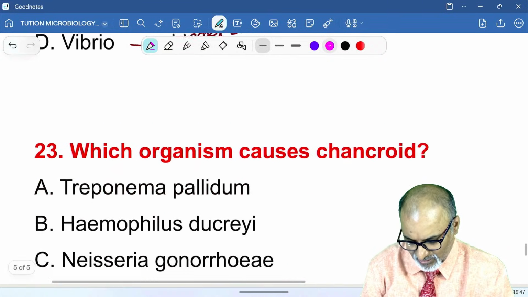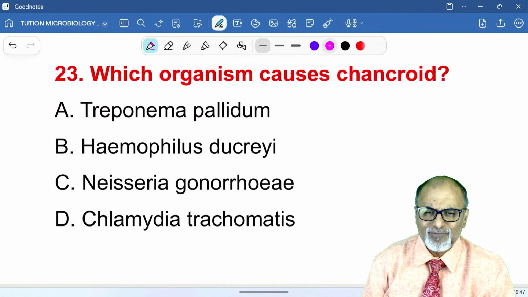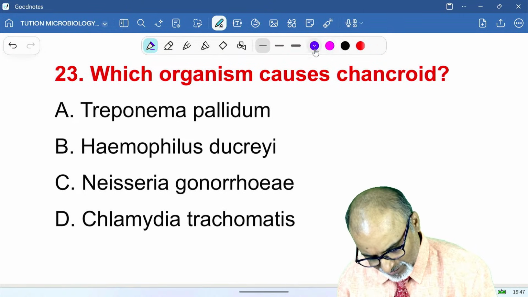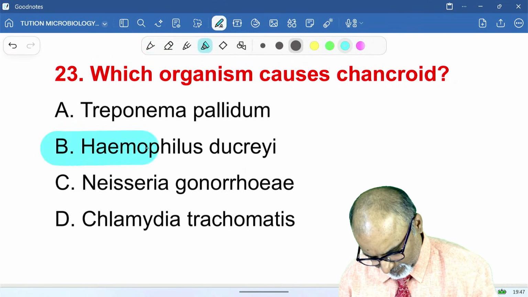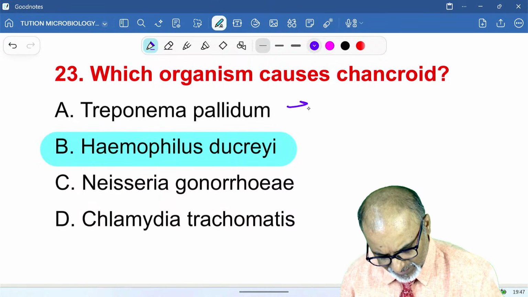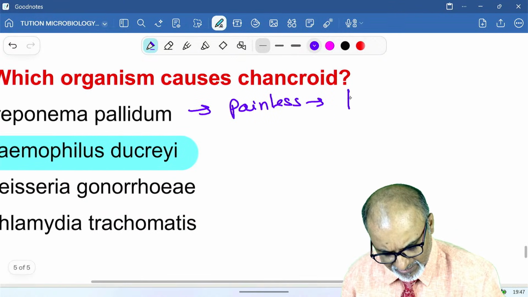Next is which organism causes chancroid? Chancroid is a painful ulcer. Usually it is caused by Haemophilus ducreyi. Treponema pallidum produces syphilis, which produces a painless chancre.